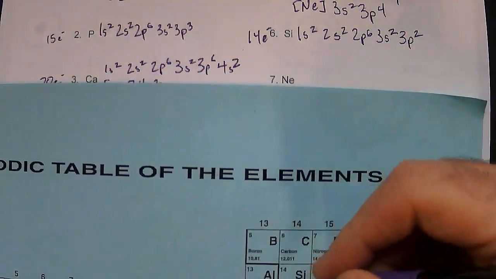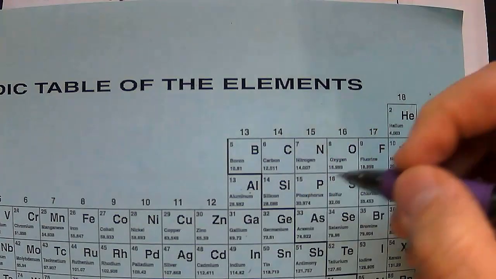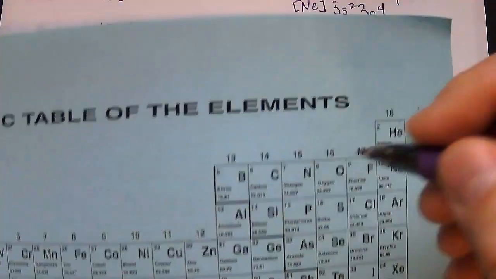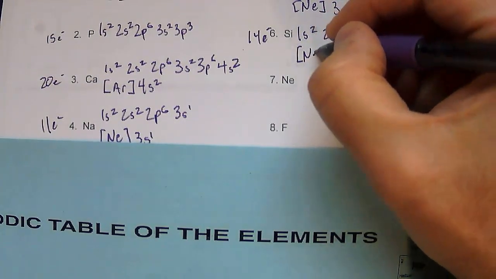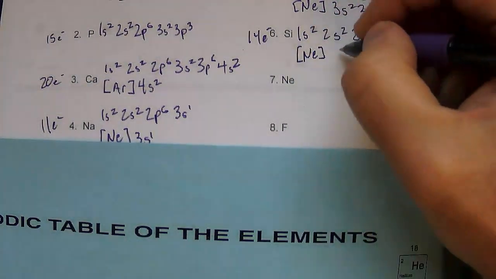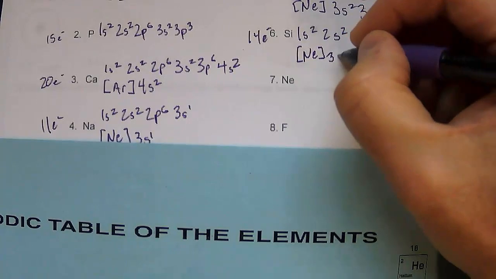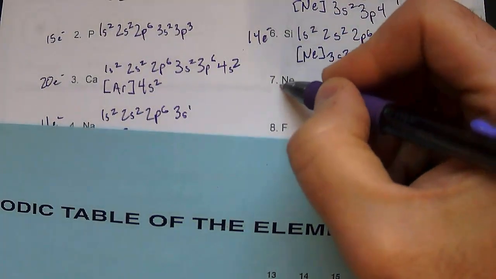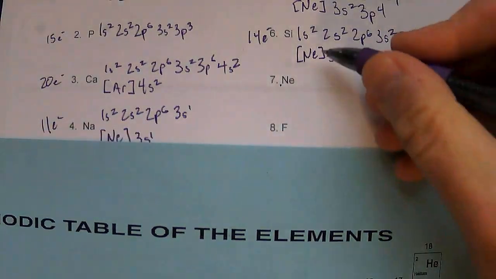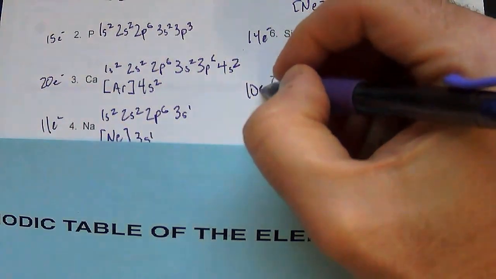Or again, if you want to go backwards and do the noble gas, 14. We're going to have neon, and then 3s2, 3p2.